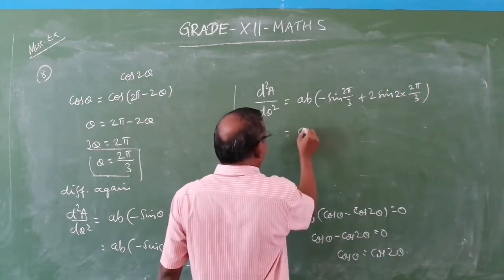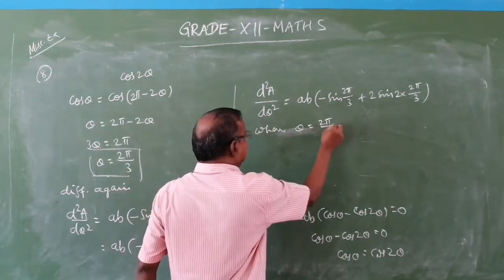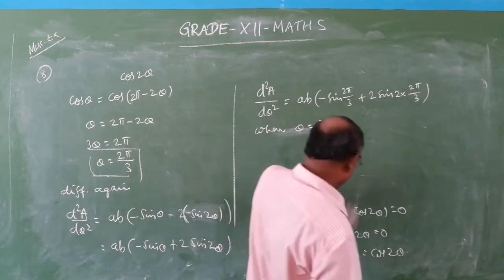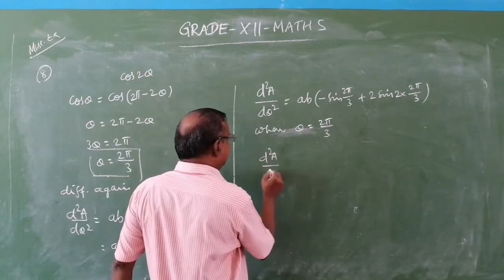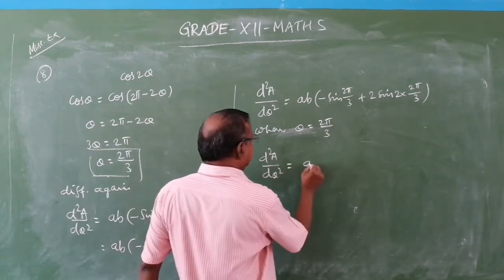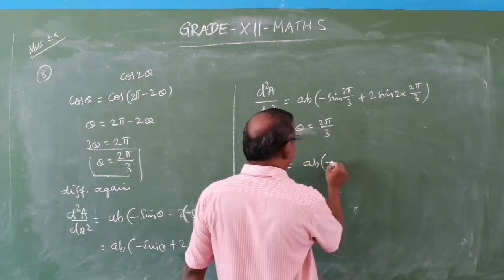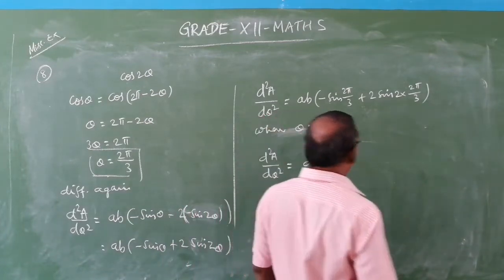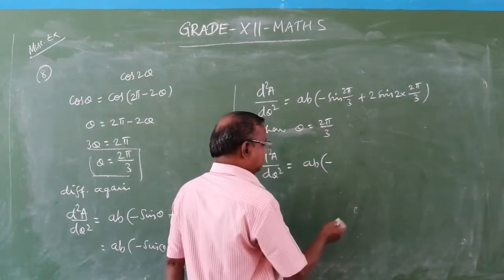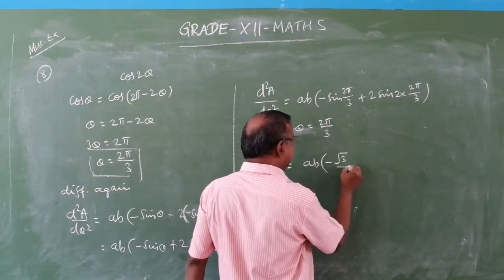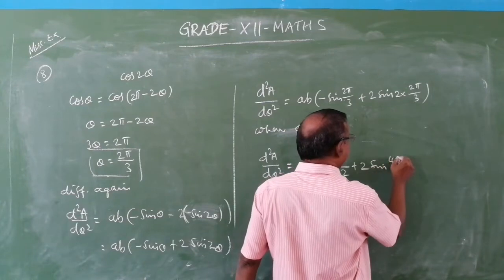That is, when θ = 2π/3, we have d²A/dθ² = AB(−sin 2π/3, which means sin 120°, equal to sin 60°. So sin 60° is √3/2, and plus 2 sin 4π/3.